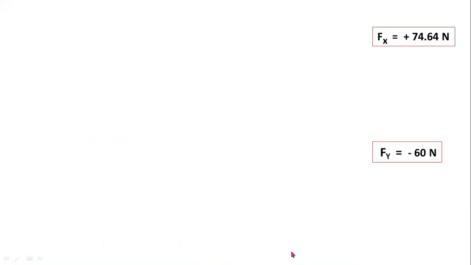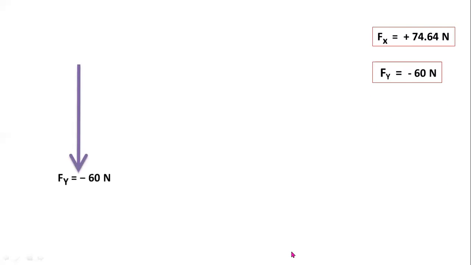So I will show the position of resultant. Here you can observe Fx means x component, that is x-axis, and Fy means y component, that lies on y-axis. I am drawing this y component in downward direction. For negative sign, you have to draw downward direction.